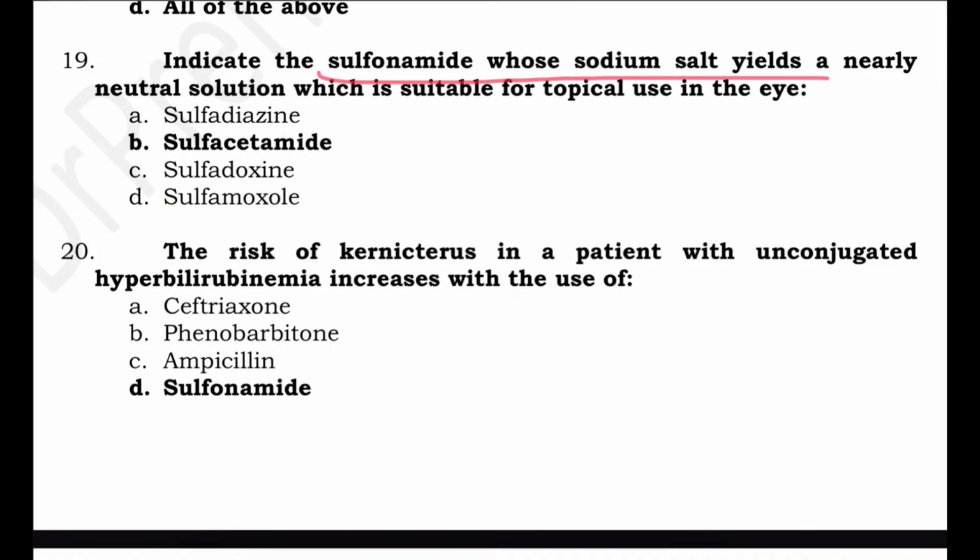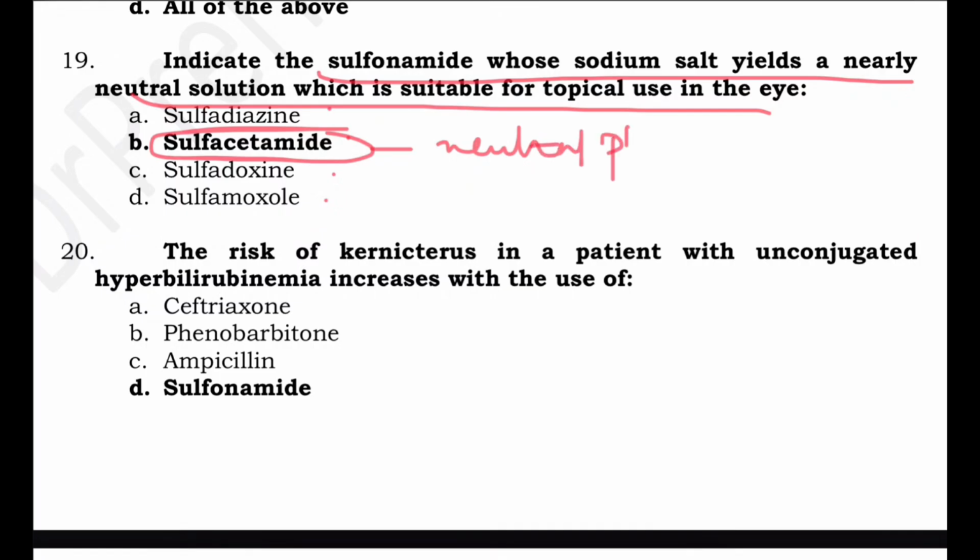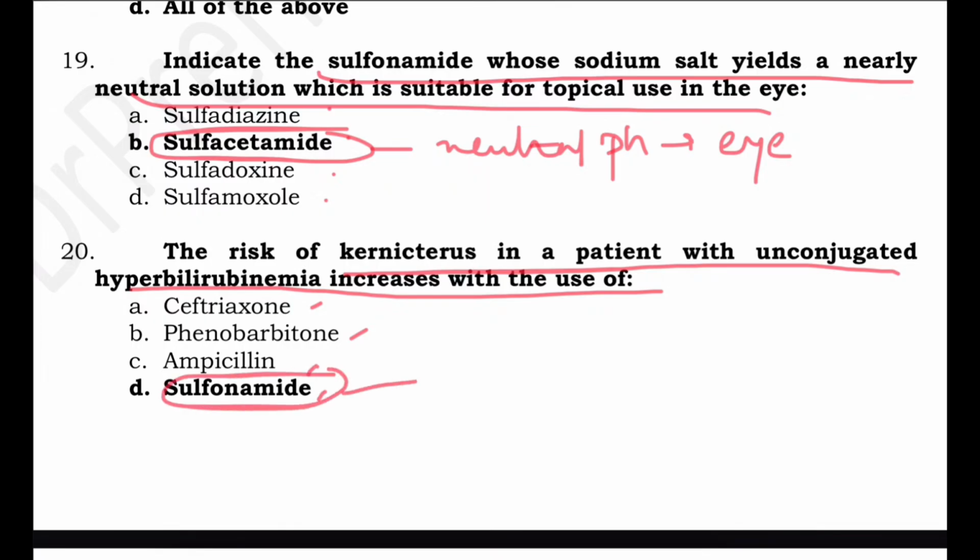Indicate the sulfonamide whose sodium salt yields a nearly neutral solution which is suitable for topical use. Out of the four sulfonamides, sulfacetamide has a neutral pH, it is non-irritant and can be used in the eye. The risk of kernicterus in a patient with unconjugated hyperbilirubinemia increases with the use of ceftriaxone, phenobarbital, ampicillin, sulfonamide. It is sulfonamide.